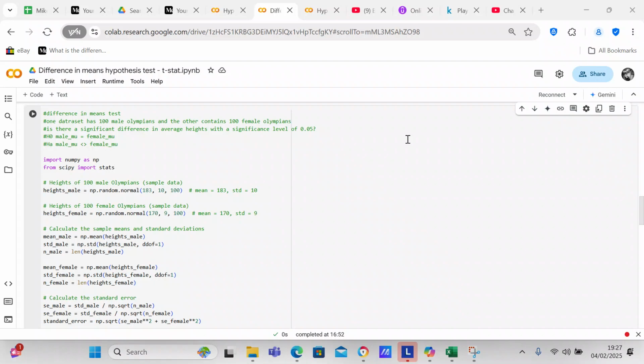But in this particular video, we're going to take two different means and compare them to see if they accept the null hypothesis or reject it. So it's a difference in means hypothesis test.